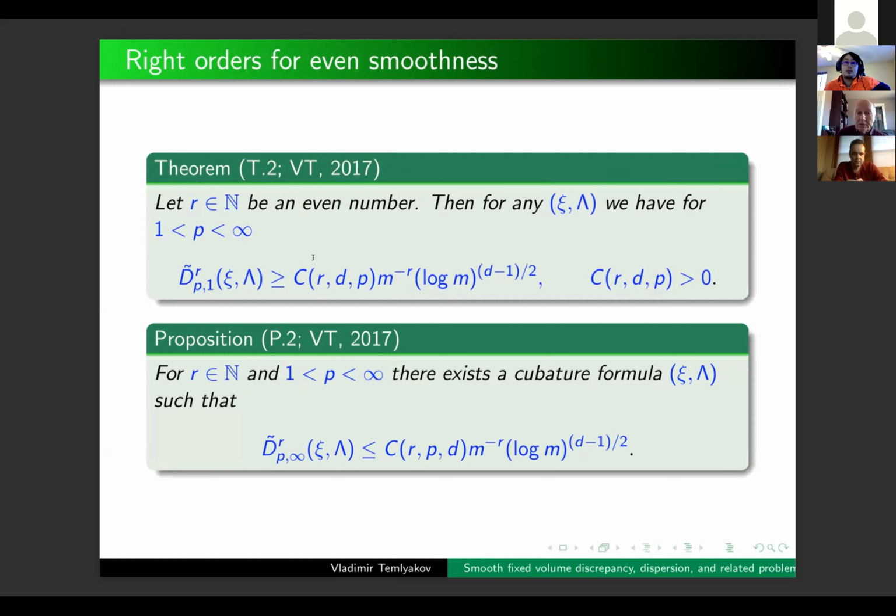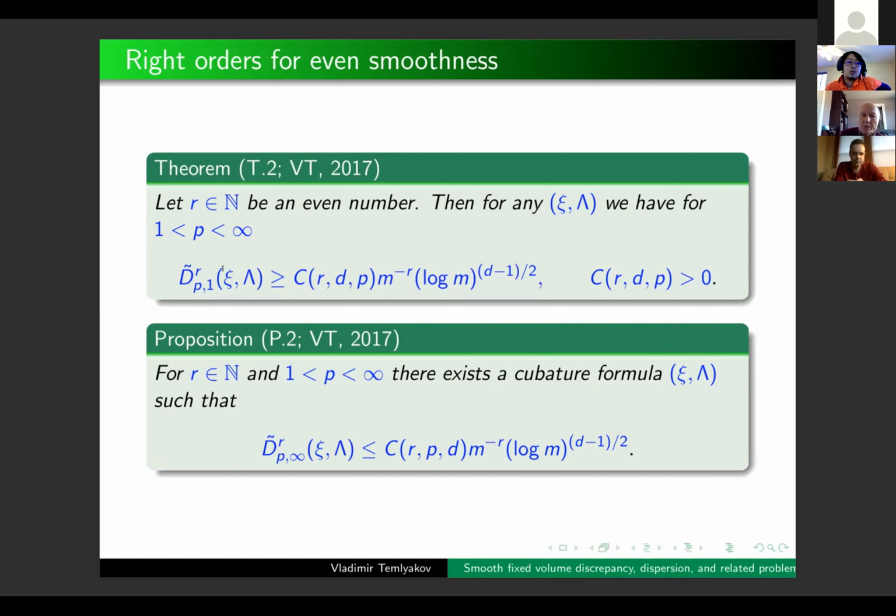In this case, this somehow should remind us about the lower bound, but it is stronger here because of L1 here, not LQ, because this is kind of an extension of results of Hallas, but it's clearly much stronger. But R is an even number now. You cannot do the same result which Hallas did for classical discrepancy, but for R even we can do more. We can do this. And it turns out that this is the right order.